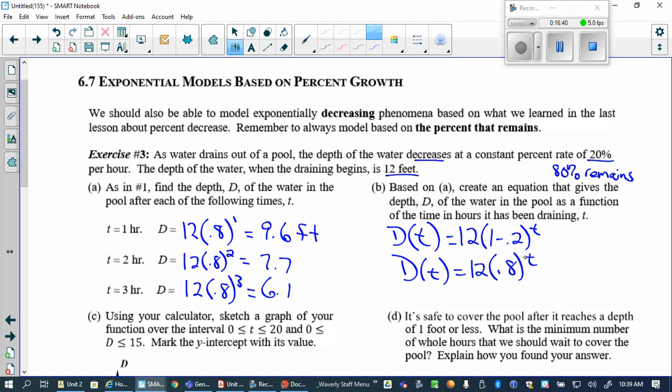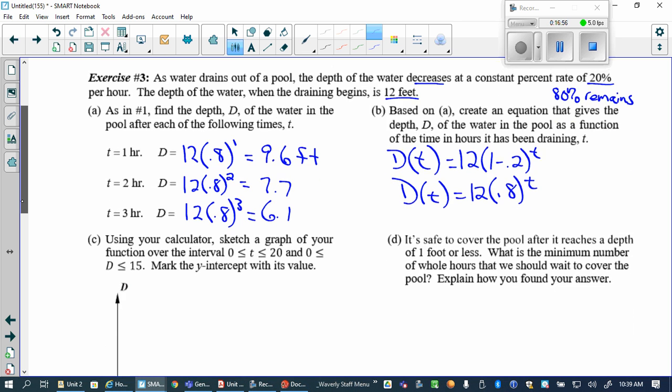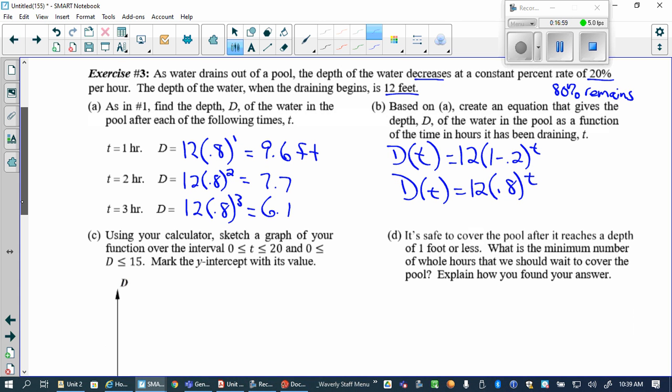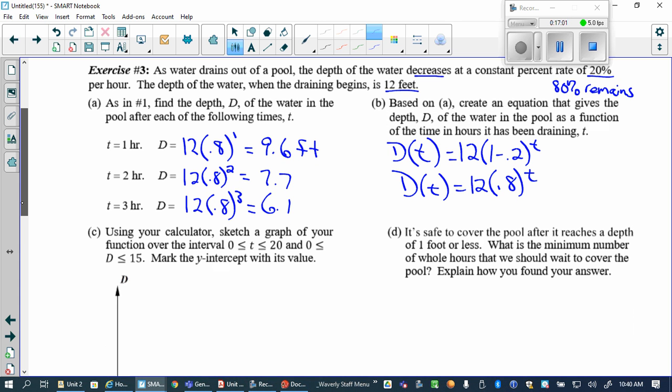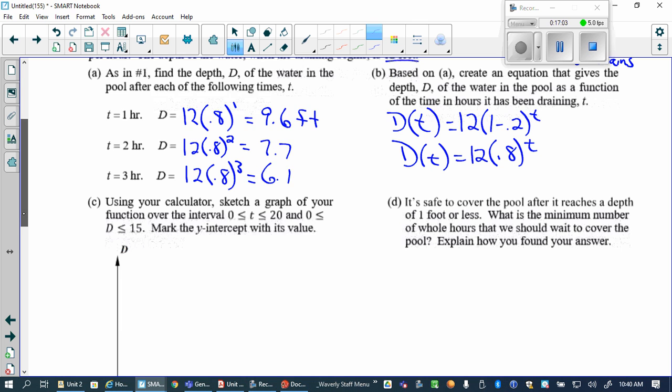Every hour t, 80% of the water depth remains. Maybe that'll come to you as we go along.